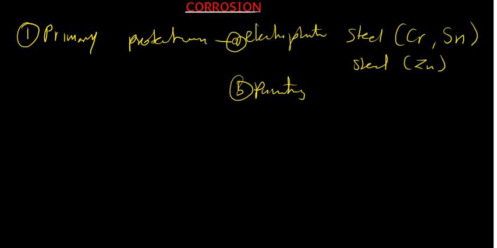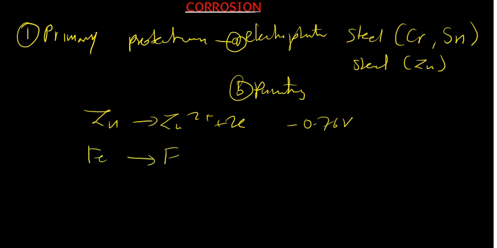So if we consider zinc, when zinc loses 2 electrons to become zinc 2+, the cell potential for this is negative 0.76 volts. And let's talk now of iron 2+. When iron loses electrons to become iron 2+, the cell potential for this process is negative 0.44 volts.